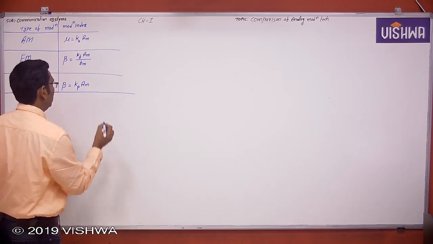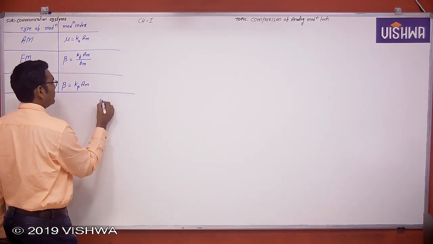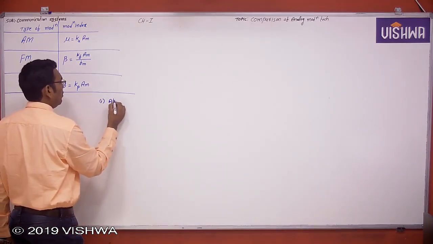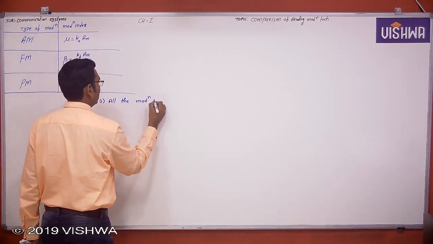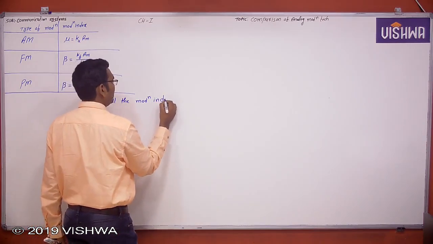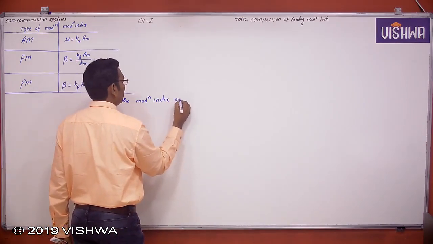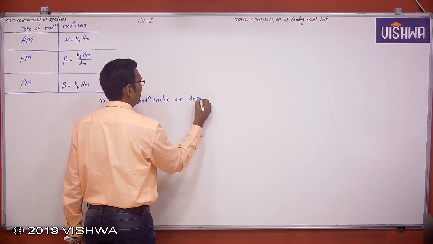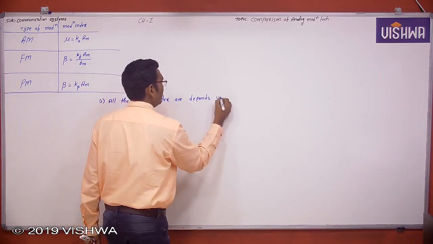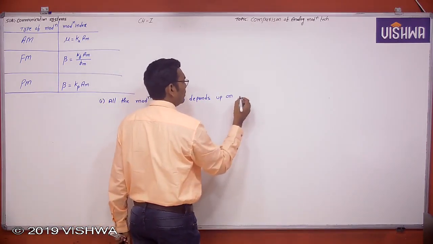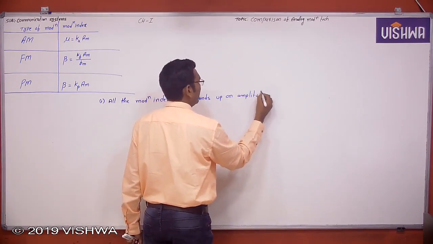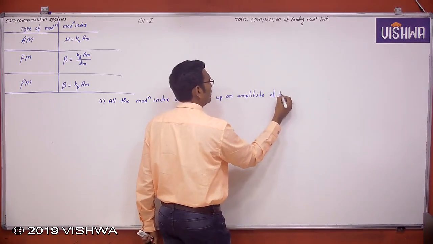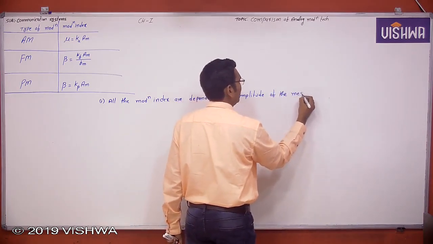So the point is, all the modulation indices depend upon the amplitude of the message signal. Is it right or not?